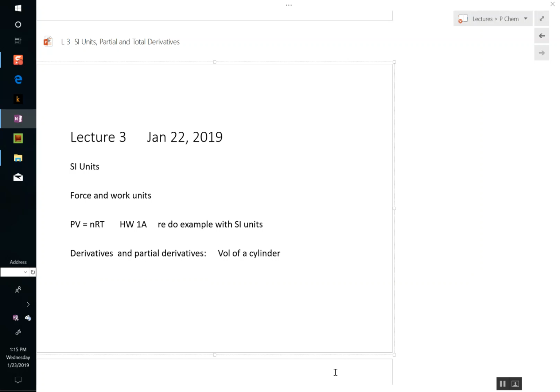So what's the equation for the volume of a cylinder? R squared minus H. Okay, so we've got a radius of the cylinder here, and we have a height of the cylinder here.